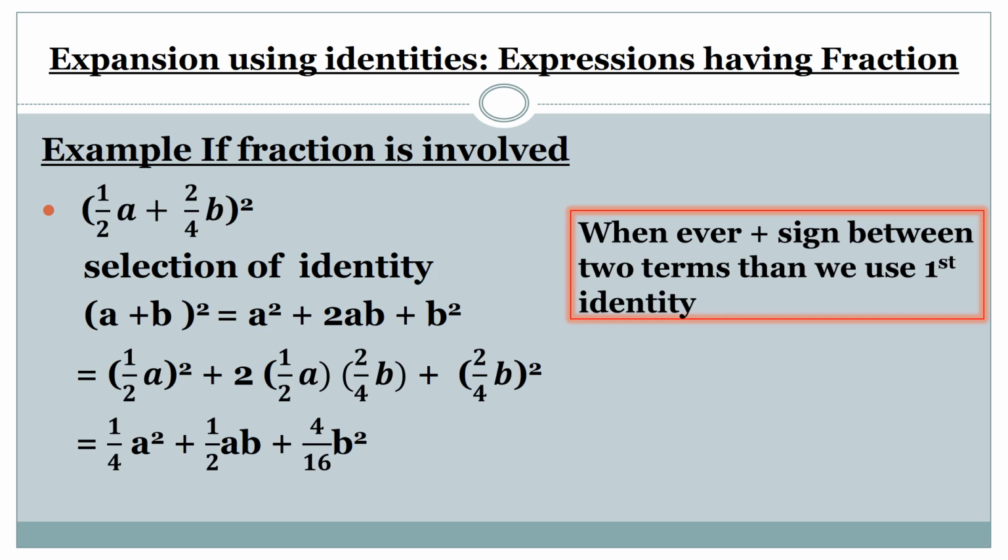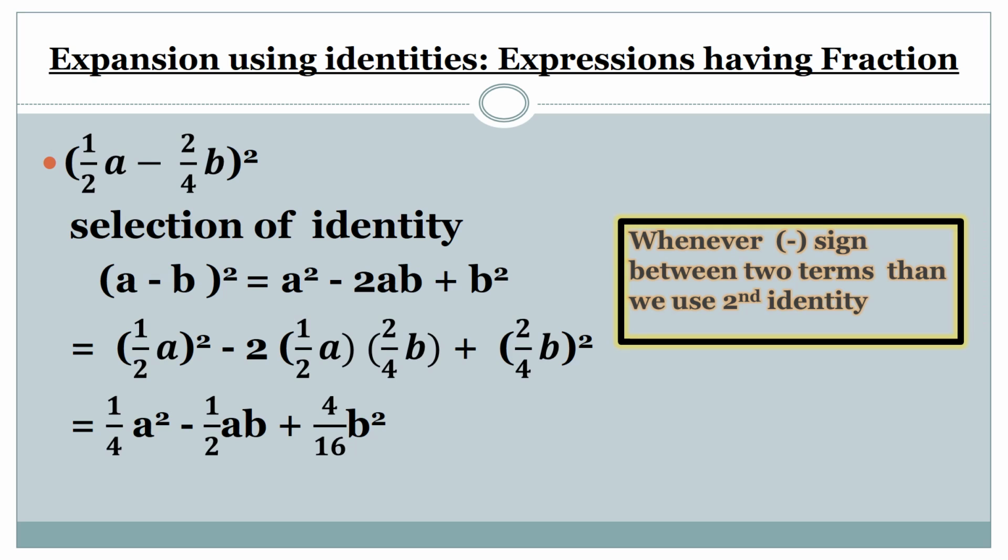That is a mistake, because we must take the square of both denominator and numerator. As 1 is in the numerator, when we take the square of 1, it remains 1, and when we take the square of 2, it becomes 4. So students must remember, in fraction terms you must take the square of both numerator and denominator.